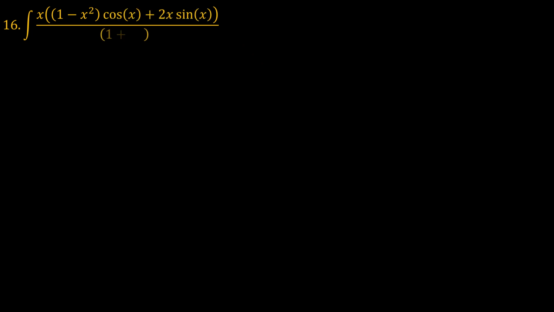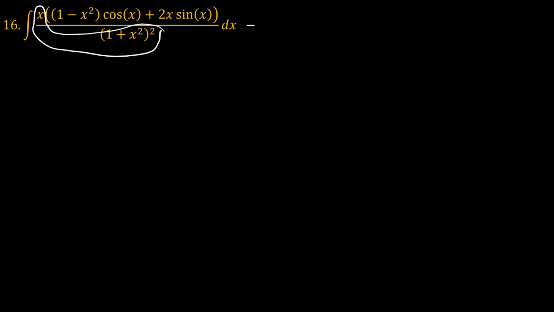So problem number 16 just happens to be an indefinite integral of x times ((1 minus x squared) times cosine of x plus 2x sine x) over the square of (1 plus x squared). So the important thing is to be vigilant, and you can see this part here.